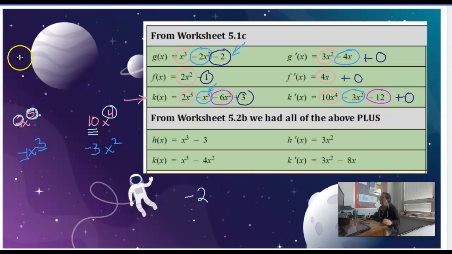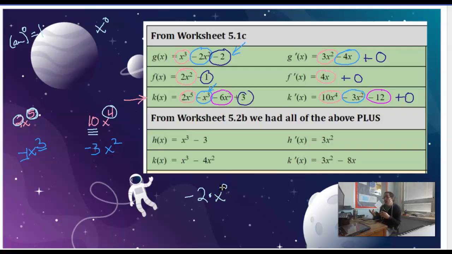No x's at all. We do know that anything to the 0 power equals 1. So I'll say that x to the 0 power specifically definitely equals 1. So I can think of this as having x to this power on it, and I haven't really changed its value at all. It's still negative 2.